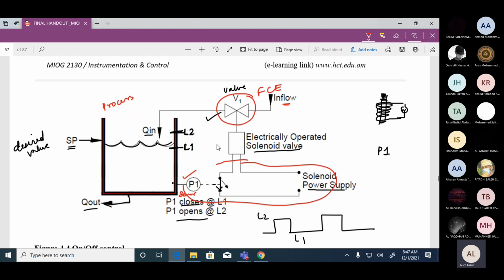Now here, what is your process variable? Your process variable is the level. Level is the process variable. I have only one question now. What is your manipulated variable? Which variable is being manipulated?